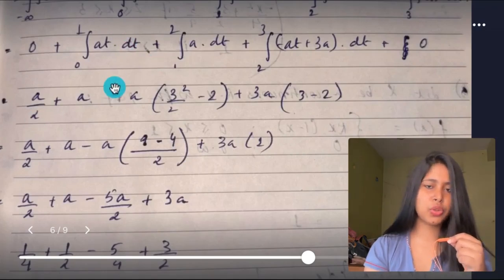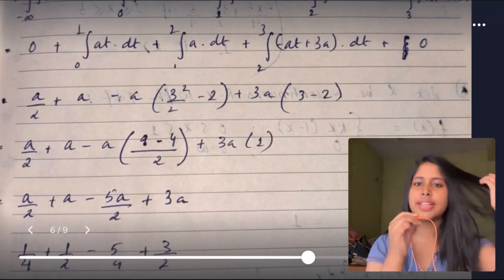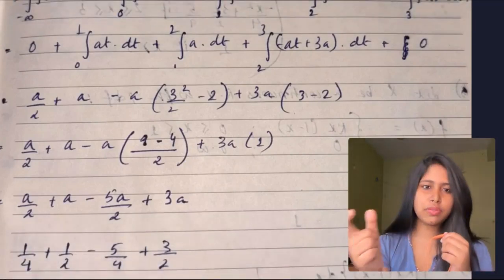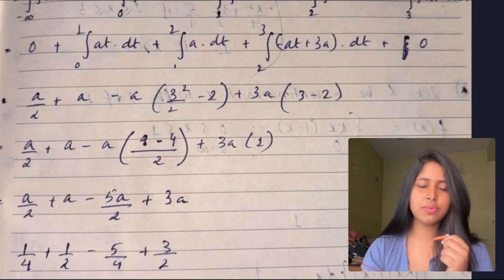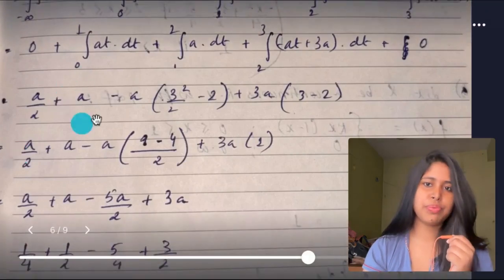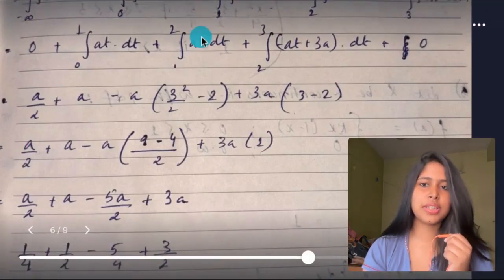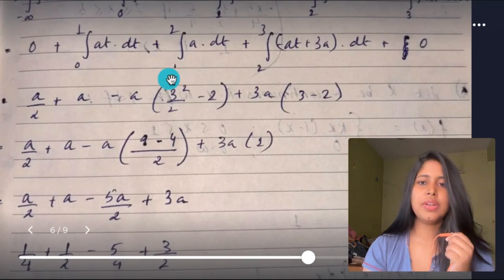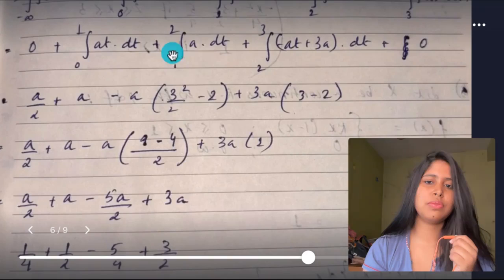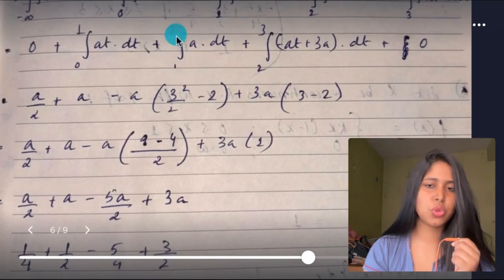Integrating t, we get t square by 2, and the limits are from 0 to 1. Putting the value of 1 first, and then 0, it will be half minus 0, then a into half is a by 2. And the same for this one: taking out the constant, we get the integration of dt, which is t, and then we put the values, 2 minus 1, which gives a.